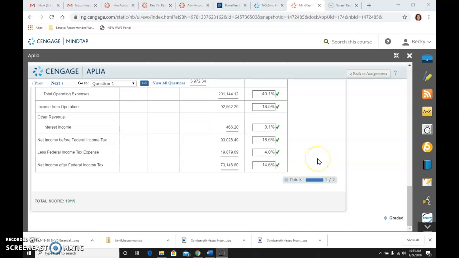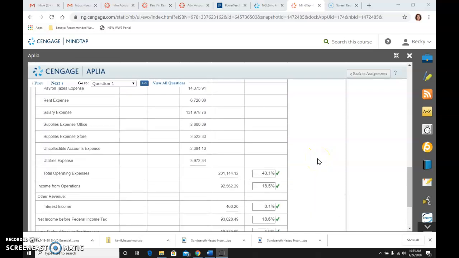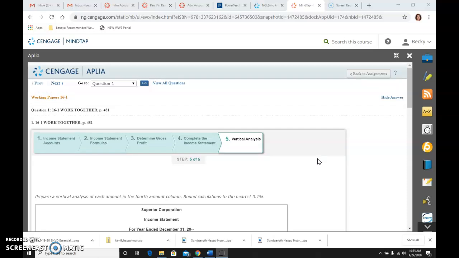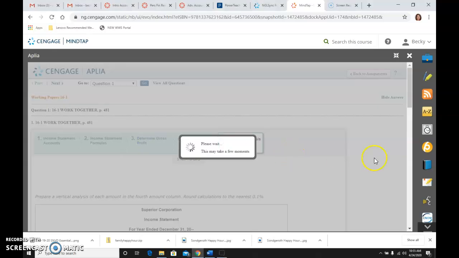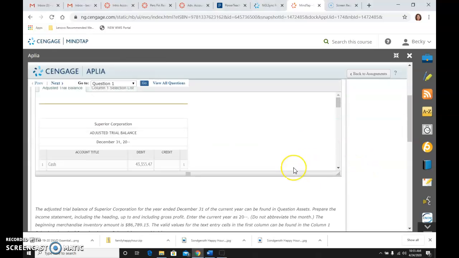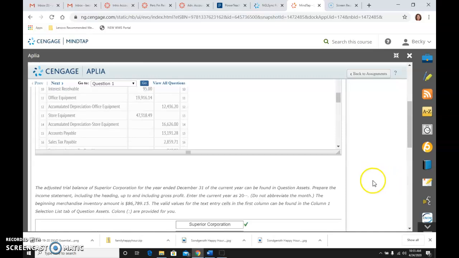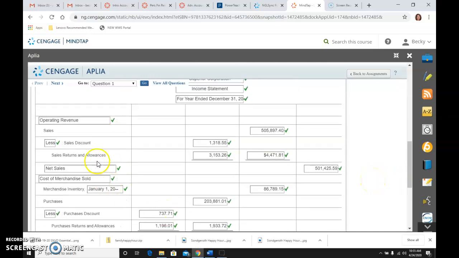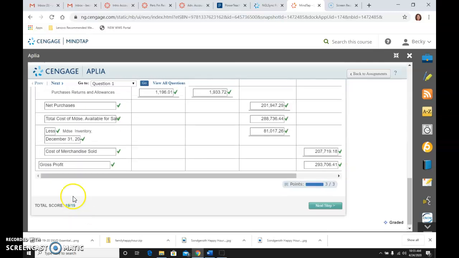So then I know that I rounded well and everything worked out fine. So that is the entire Work Together doing an income statement for a business. And again, the hardest part, I think, is making sure that I get this section squared away, the operating revenue and the cost of merchandise sold down through gross profit. The rest is just kind of filling out a form.